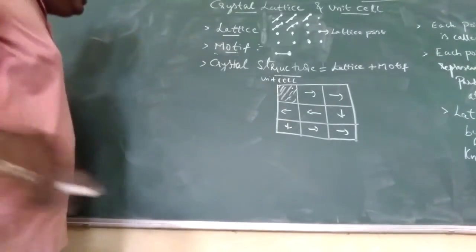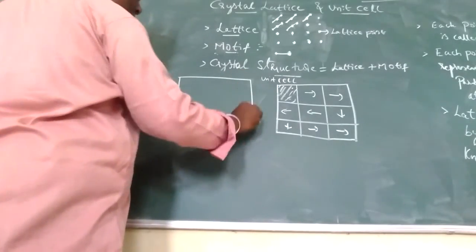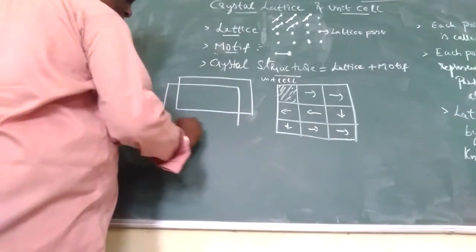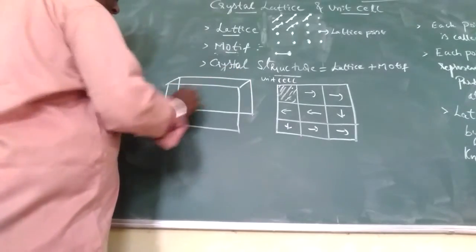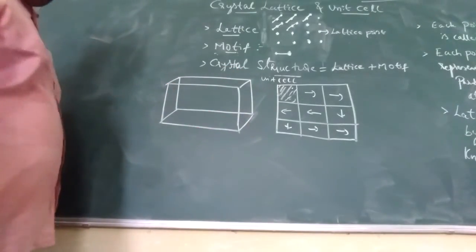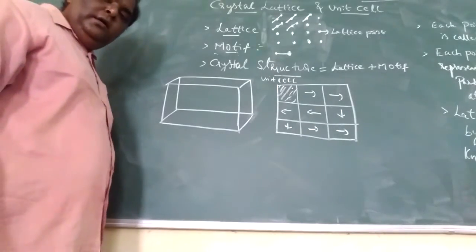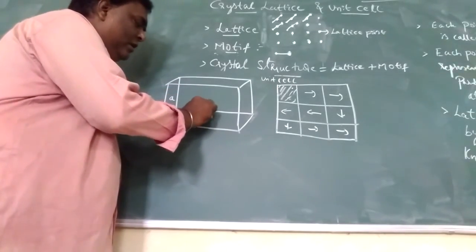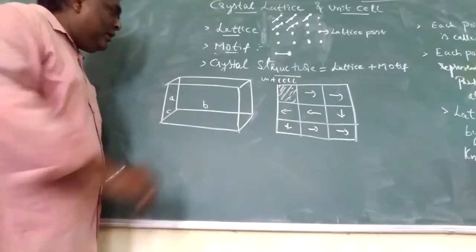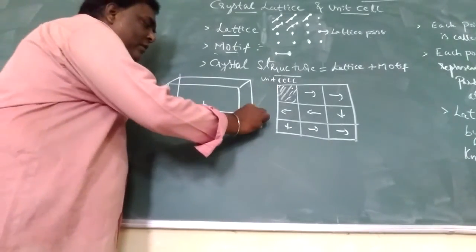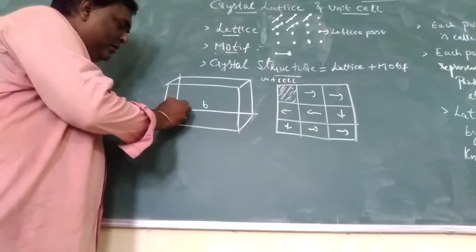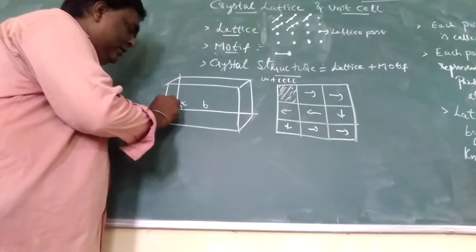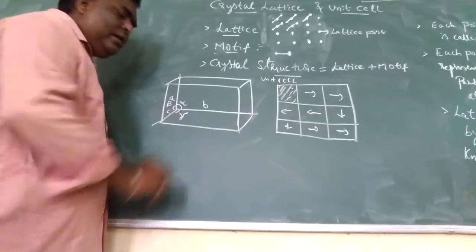A three-dimensional crystal structure is formed with three edges, A, B and C, like x, y and z, and these have angles alpha, beta and gamma.